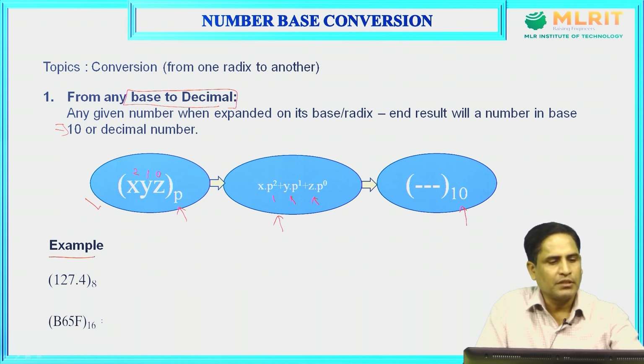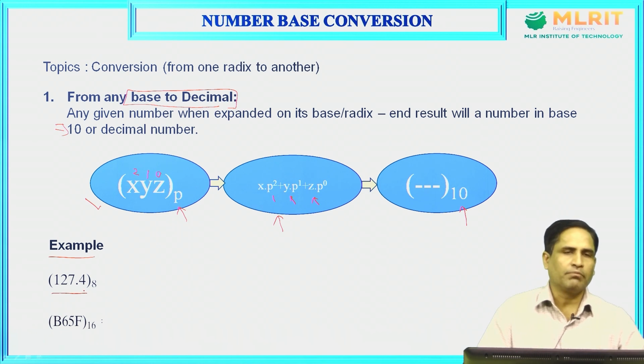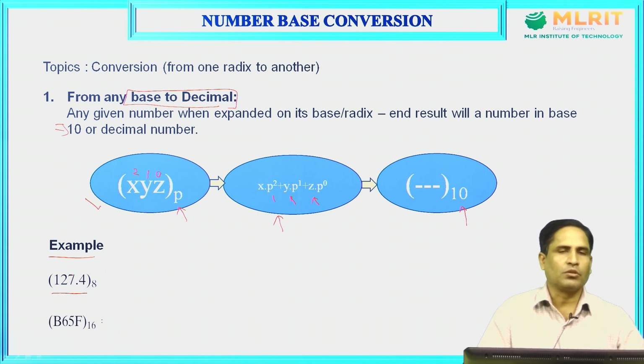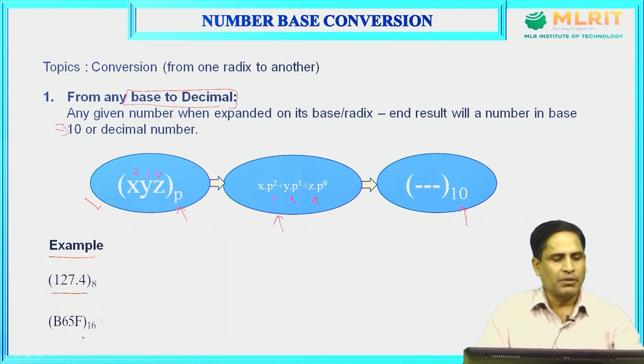These are the examples. First, we have the number 127.4 base 8. It's an octal number; the constituents vary from 0 to 7. And this is a hexadecimal number, given in base 16, so the constituents are 0 to 9, then A to F, as we discussed in the earlier lecture.